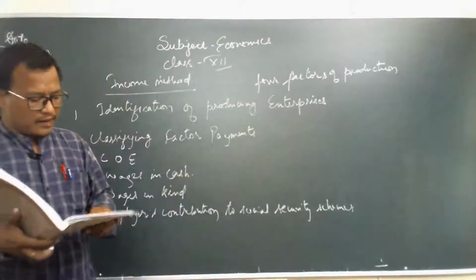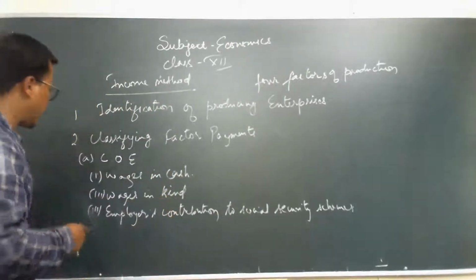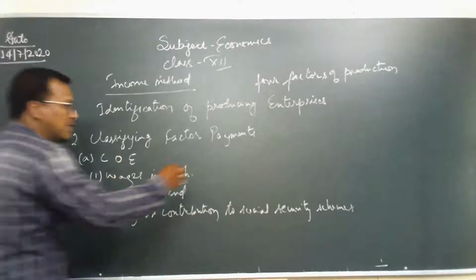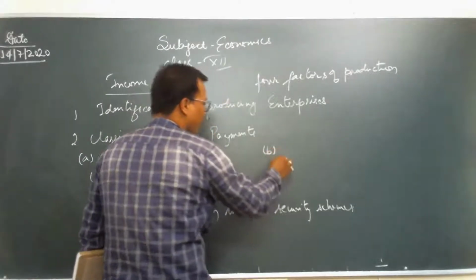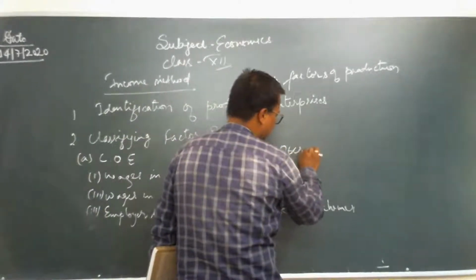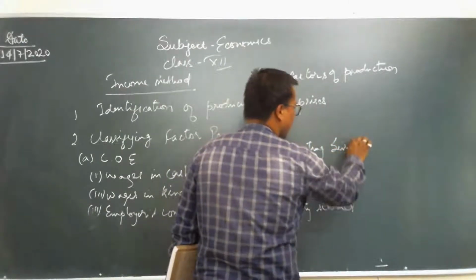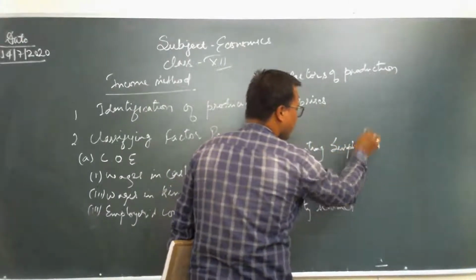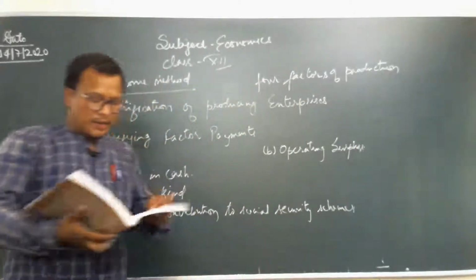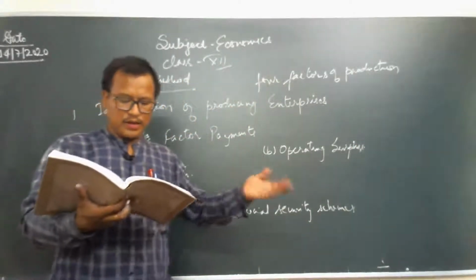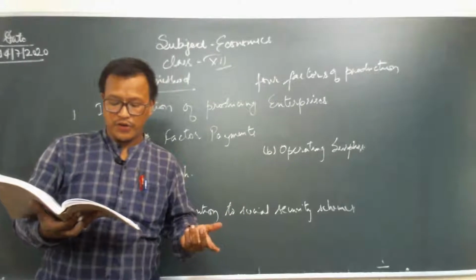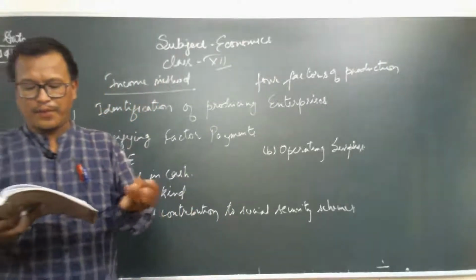So after that is our operating surplus. First is compensation of employee. Second is operating surplus. Operating surplus, as discussed in my previous video, is the income from property.